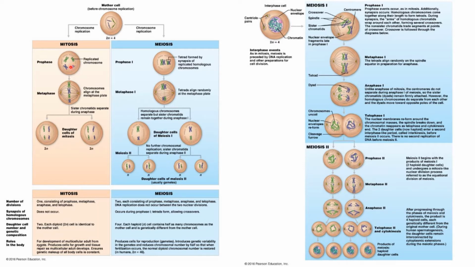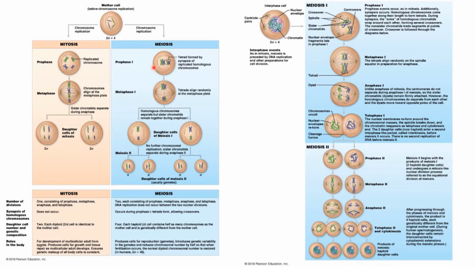That's mitosis. And for mitosis to occur, we have to go through prophase, metaphase, anaphase, and telophase. Meiosis, on the other hand, we are still going to go through prophase, metaphase, anaphase, and telophase, but we are going to go through these stages twice.